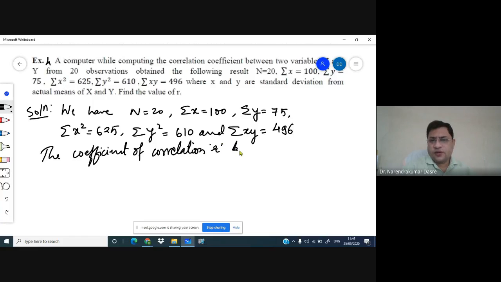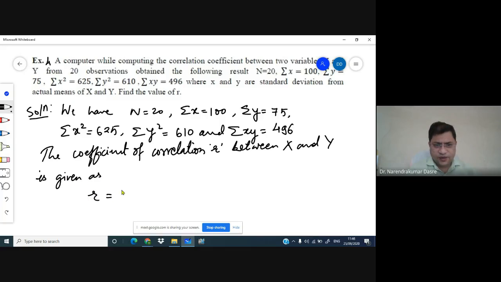Small r between x and y is given as. So what is r given as?